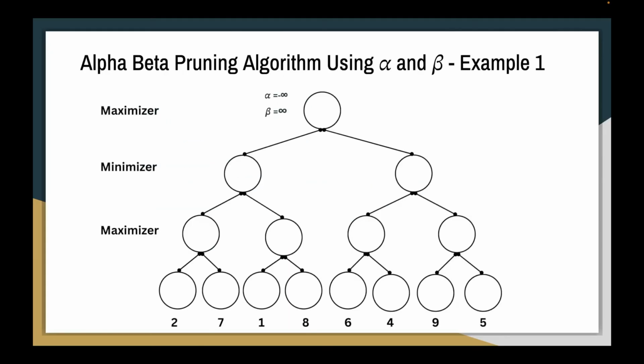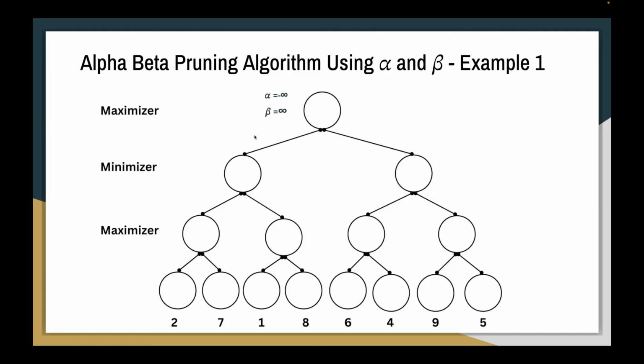Now let us solve the alpha beta pruning algorithm. In this scenario, the first player is the maximizer and he is choosing the moves in the decision tree. The initial values are alpha equal to minus infinity and beta equal to infinity.